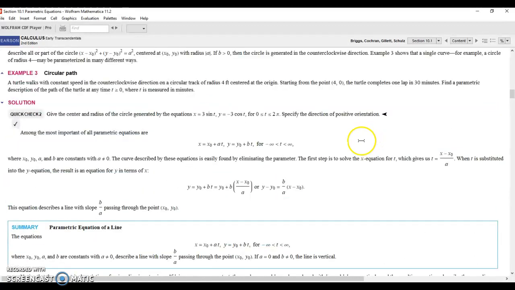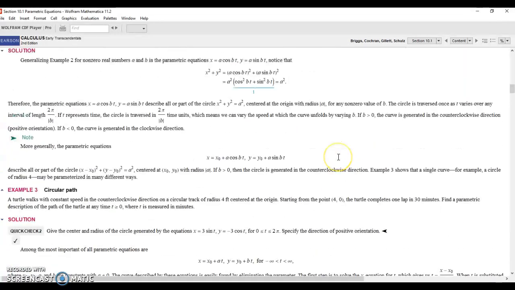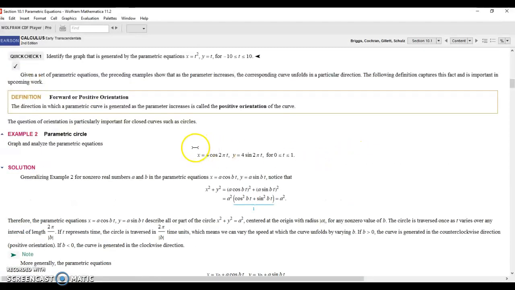Okay, the next thing that we want to look at is circles. And parametrically, circles are going to have equations that involve trigonometric functions. So here we have x is 4 cosine 2 pi t, y is 4 sine 2 pi t for t between 0 and 1.